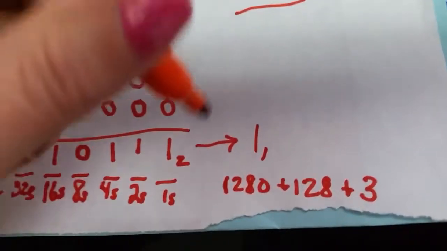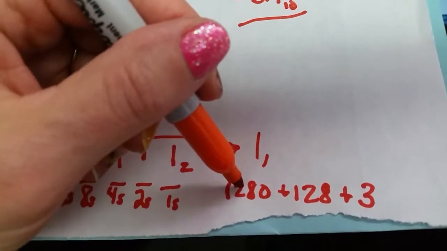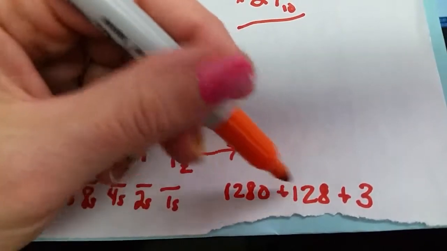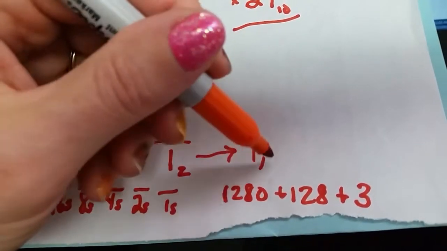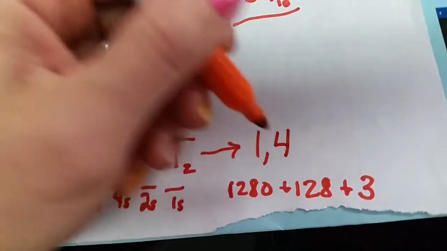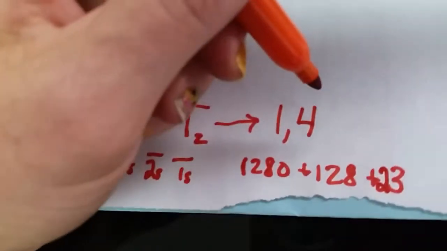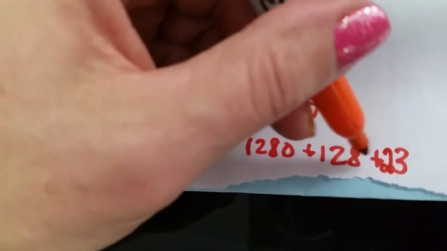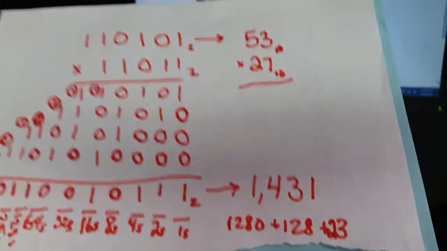Nope, 1,200, 1,300, 1,400, oh, I see what I did. That was 23 at the end. And then 8 plus 23 would be 31. There we go. Okay. We'll leave that boo-boo in there because it'll make you feel better about yourself, because I make mistakes too.